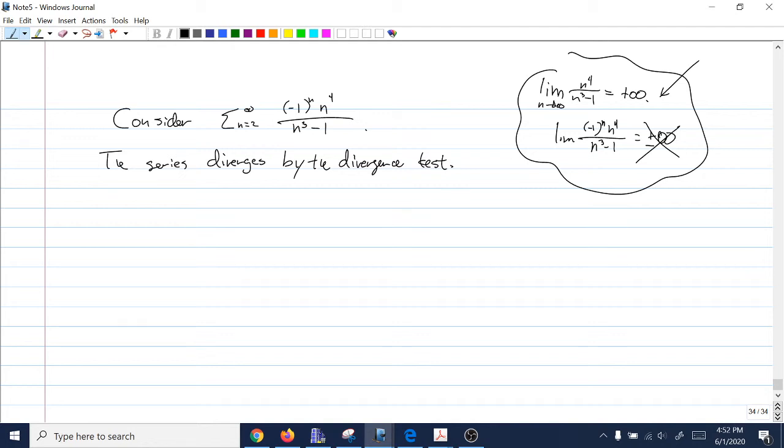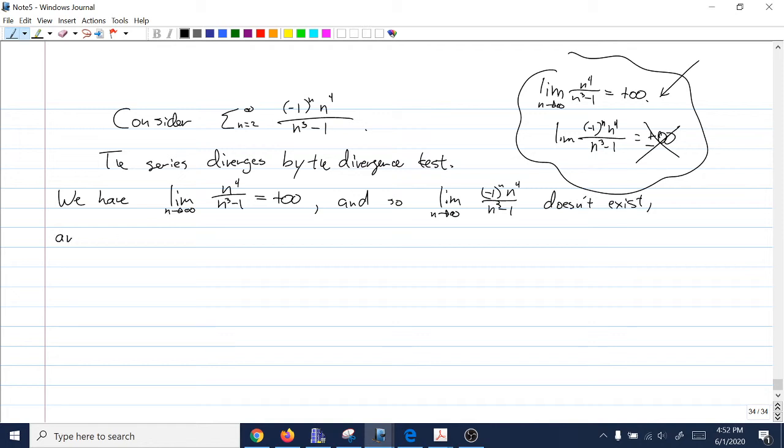I'll say we have the limit as n goes to infinity of n to the fourth over n cubed minus 1 is plus infinity. And so the limit with the negative 1 to the n there, I'm not going to claim that it is anything. I'm just going to say it doesn't exist.